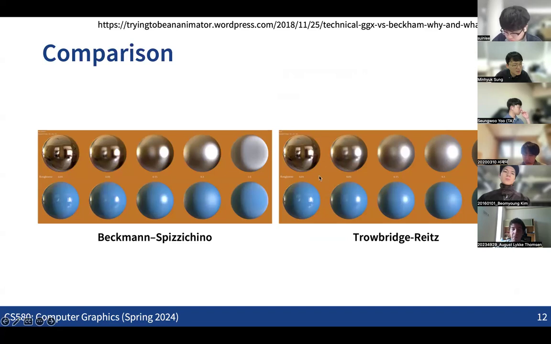And these are some images that are rendered with different distribution functions. Can you tell some difference between these two? I hope that you can tell some of the properties of the materials here.